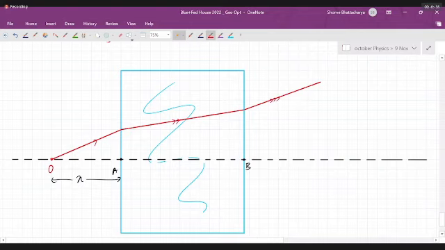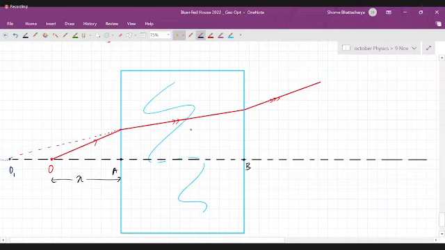So when you produce this ray backwards, let's say it meets the principal axis somewhere here.